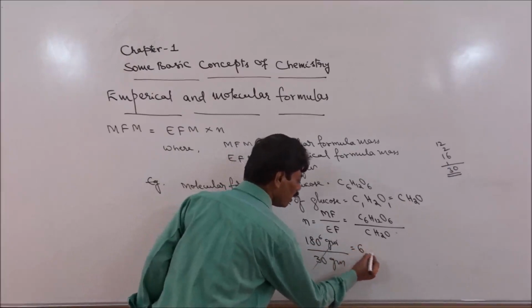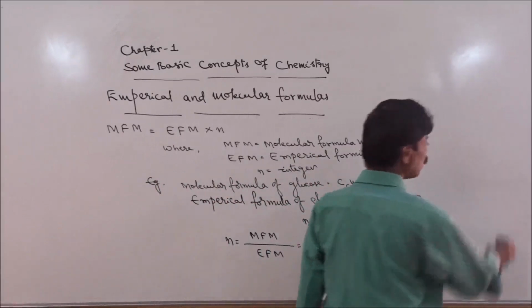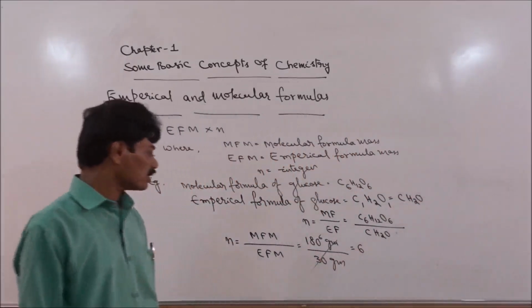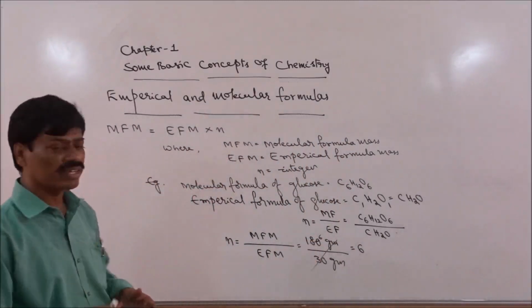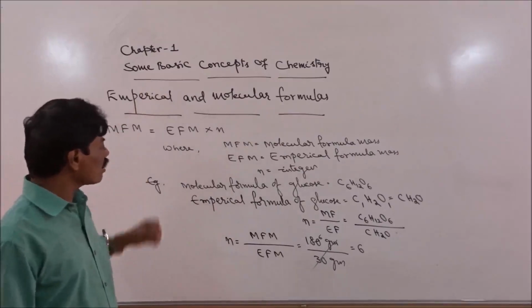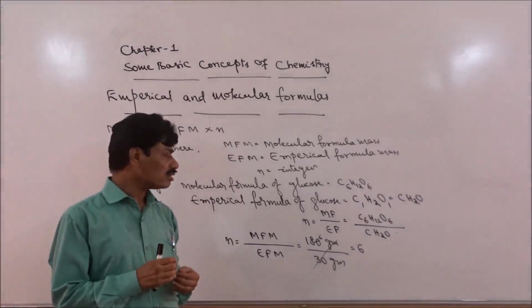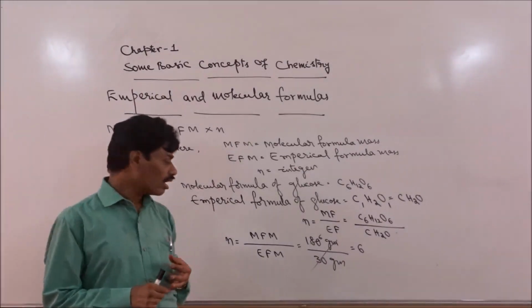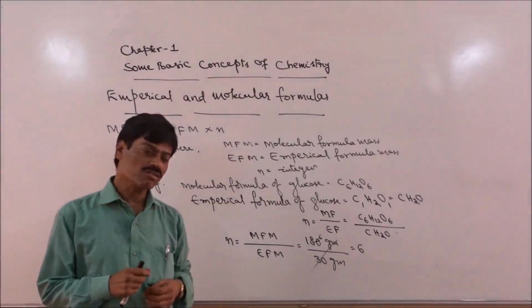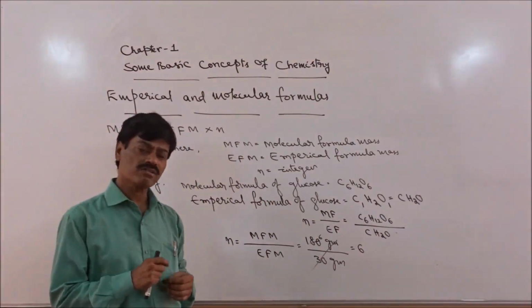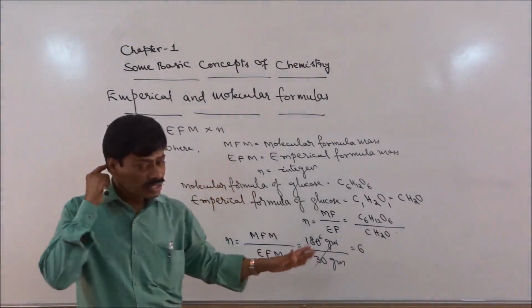So integer n is equal to 6. That's how we calculate. That's about the relationship between empirical formula and molecular formula, empirical formula mass and molecular formula mass, and how the integer n can be calculated when we know the molecular formula and empirical formula, or molecular formula mass and empirical formula mass. This is a simple numerical.